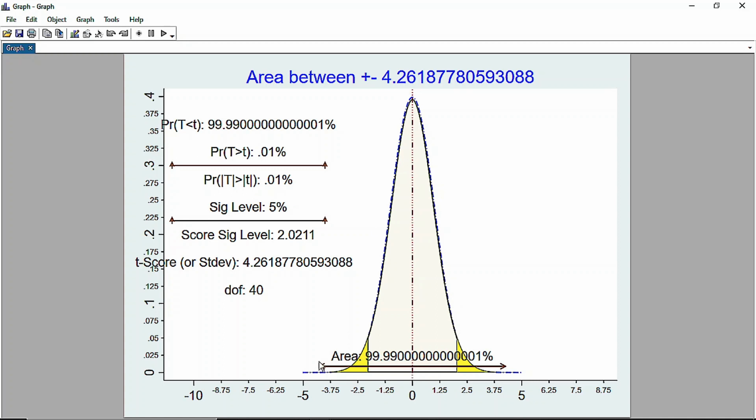That is why we reject the null for the two-tail test, and we conclude that they are not equal. And let us see whether the first variable has the greater average, or the second variable. For the left-tail test, we fail to reject the null because our p-value is quite greater than our significance level. For the right-tail test, we reject the null, and we conclude that the average income of the first variable is greater than the average of the second variable.